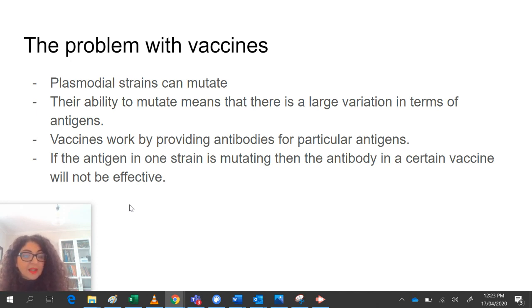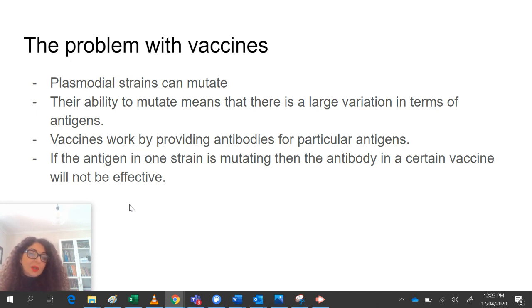Remember, whenever we're making a vaccine, when we were looking at the RDT, the test that is going to diagnose malaria, remember we spoke about antibodies. Now, a certain antibody will lock in with a certain antigen. And the problem here is if the antigens are constantly changing because this species of Plasmodium is constantly mutating, then it's really difficult to put an antibody that's going to cover all of the antigens in a vaccine.